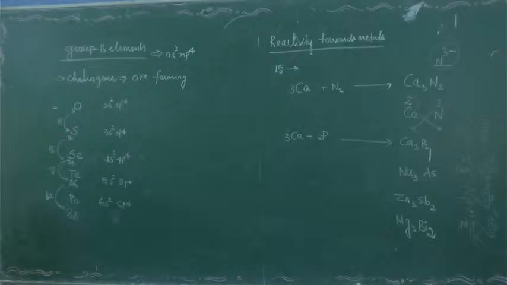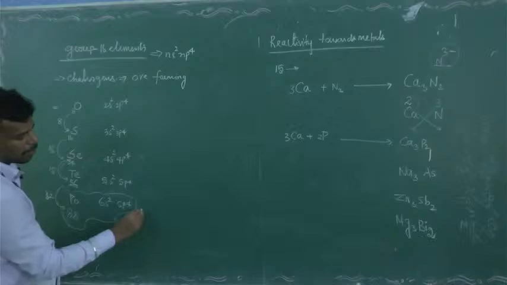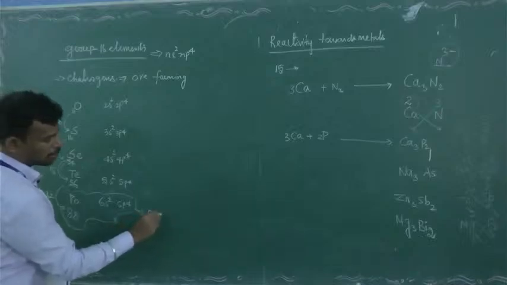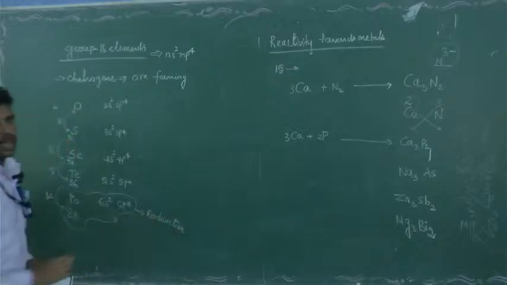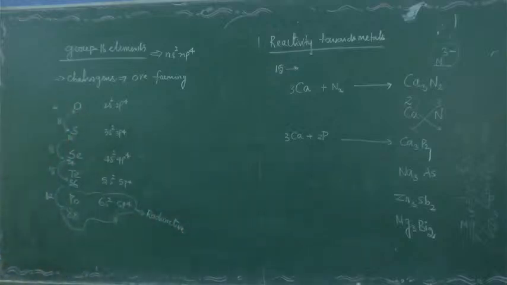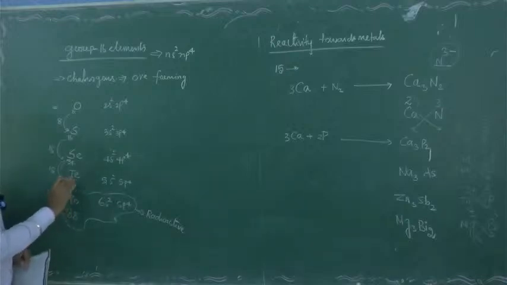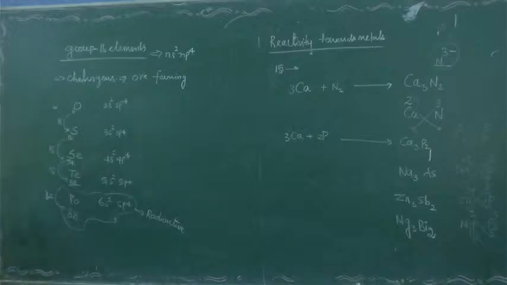In this case, polonium is going to be, listen carefully, a radioactive element. Its atomic number is 84. Among these, polonium is radioactive in nature.